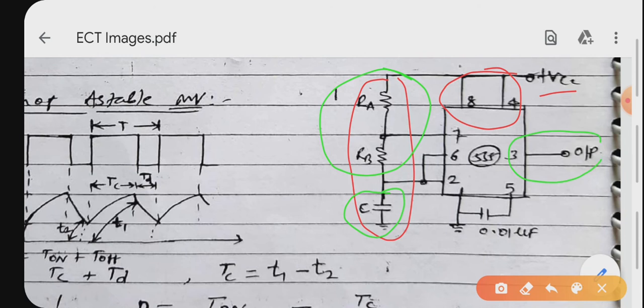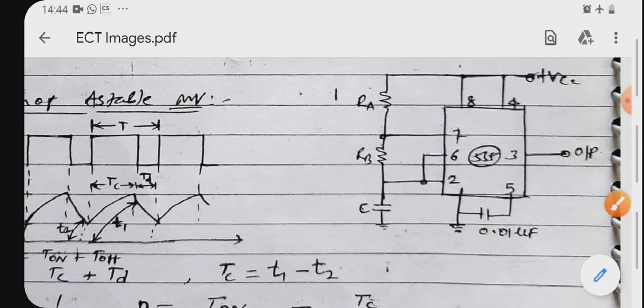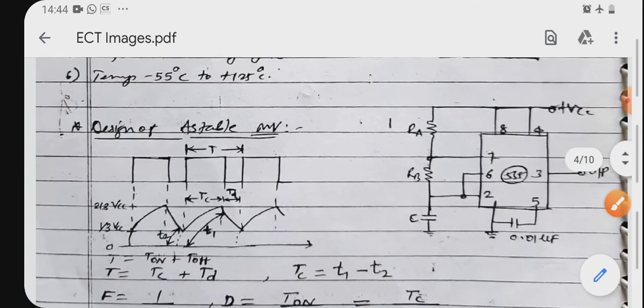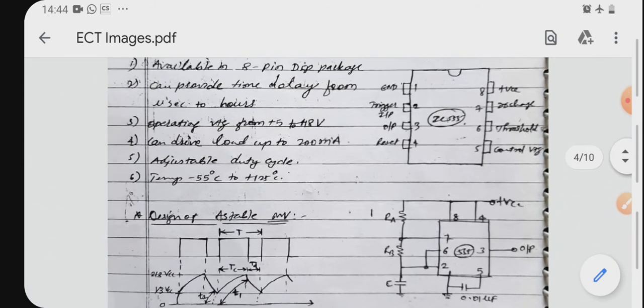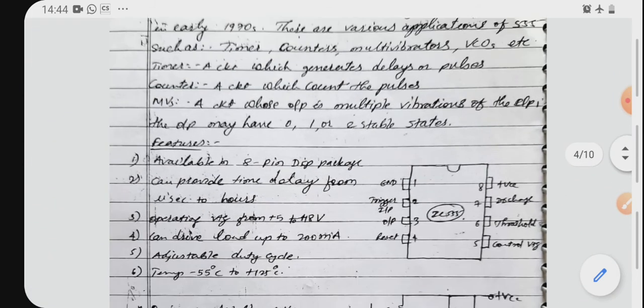Pin number 3 is the output, and pin 5, to which the control voltage is applied through an external capacitor having fixed value 0.01 microfarad.